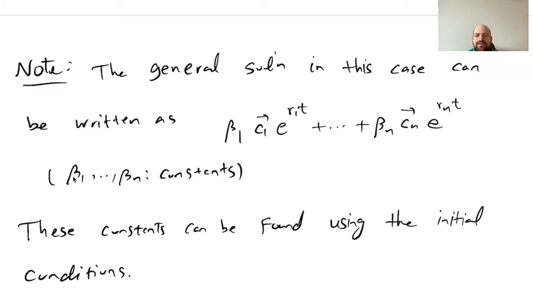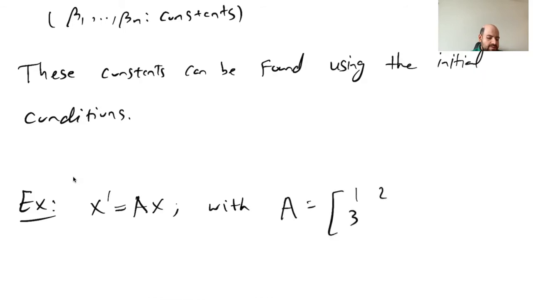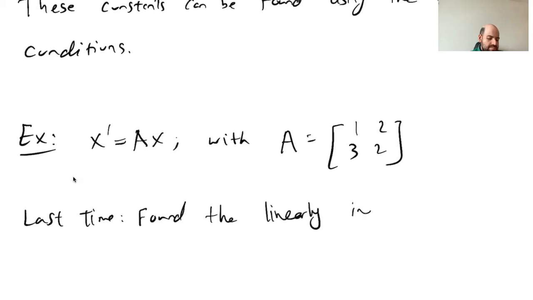We looked at an example last time. If you remember, it was x prime equals Ax with A equals the matrix 1 2, 3 2. Last time we found the linearly independent solutions of this system.